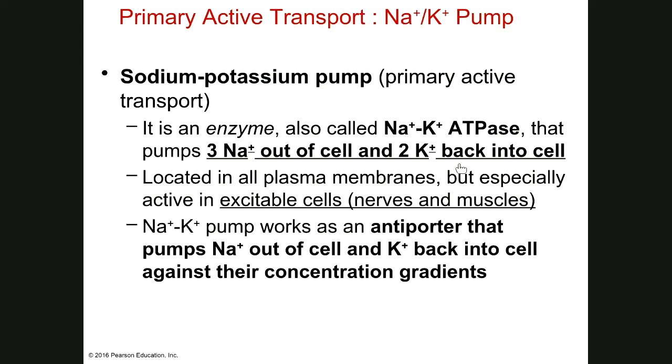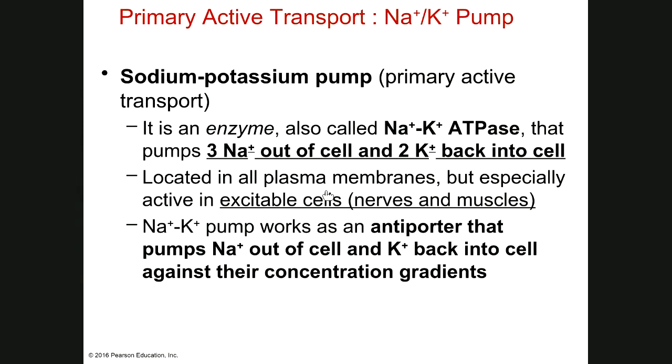So we've got 2 different substances going in 2 different directions. You must know the numbers here. It's absolutely critical in understanding these numbers and which ions are involved and which way they're going. Must know it. 3 sodium out, potassium brought in.